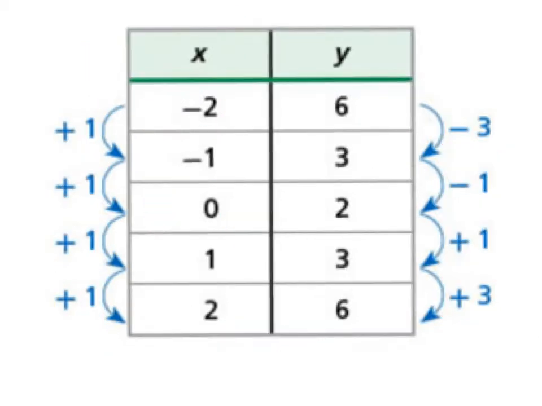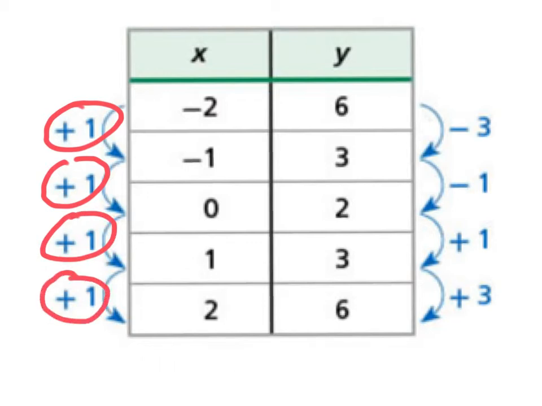Here's another one. You have -2, -1, 0, 1, and 2. These are going up by 1 each time. So we have all different x values, and they're consistently going up by 1. But now look at the y values. When you go from here to here, you're going down 3.